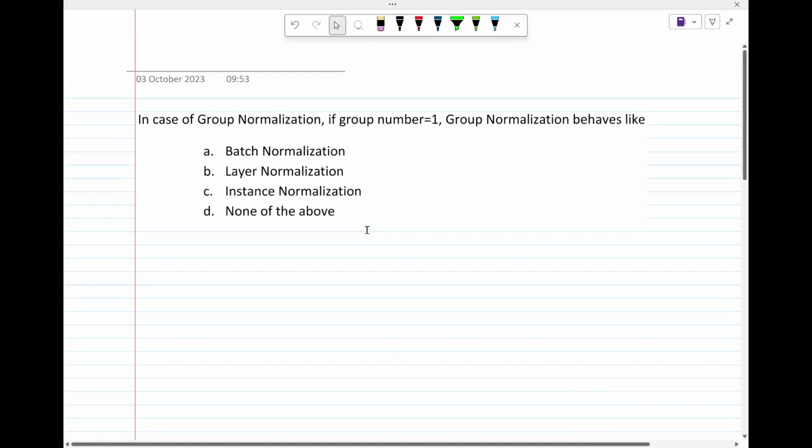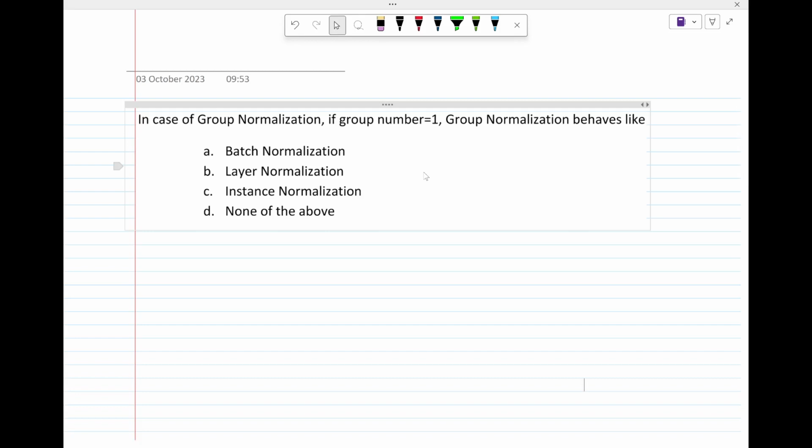In case of group normalization, if group number is equal to 1, group normalization behaves like... So group normalization is where you consider a number of channels belonging to a certain group, right? And you normalize across those, just across that group.